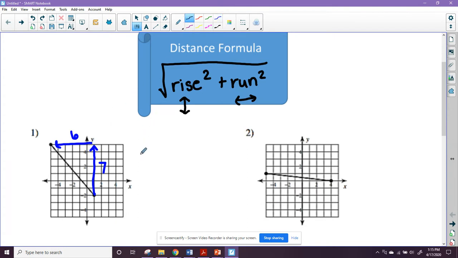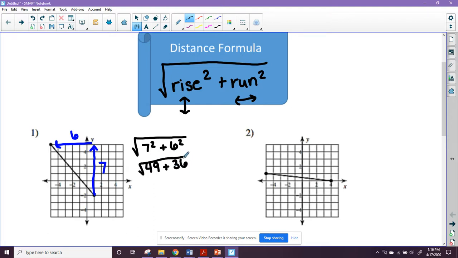So we have the square root of rise squared, which is 7 squared, plus our run, which is 6 squared. 7 squared is 49 plus 36. We're going to take the square root of that.